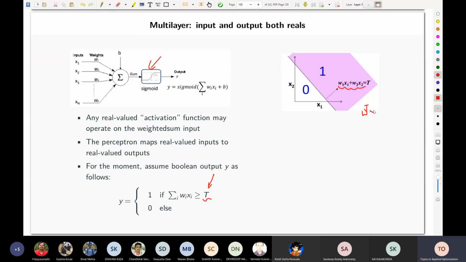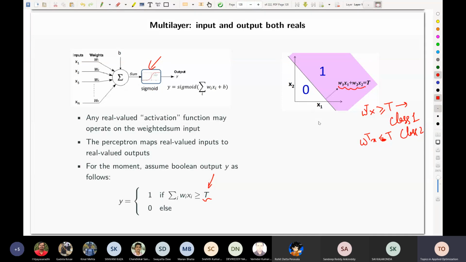So if w transpose x is greater than t, then this is class 1, and if w transpose x is less than or equal to t, then this is class 2. Or you can take greater than or equal to as defined like this, and then strictly less is this class.